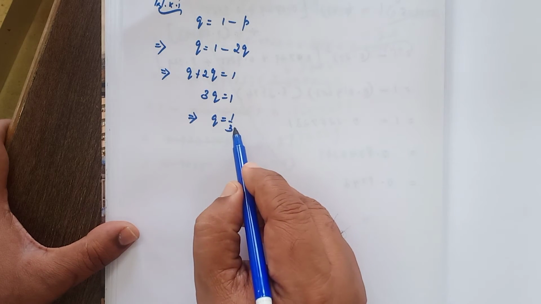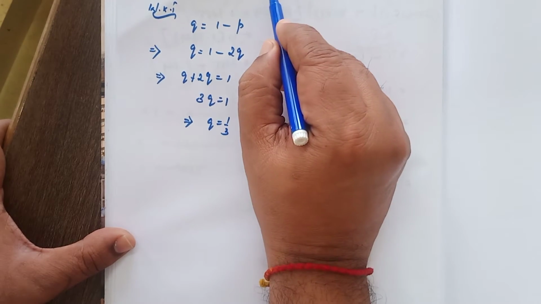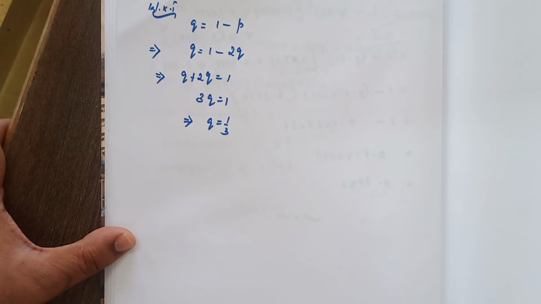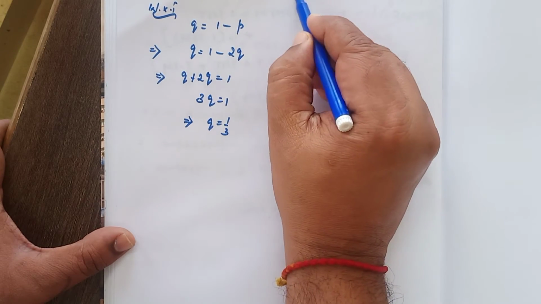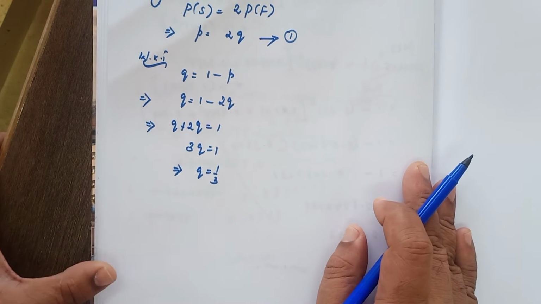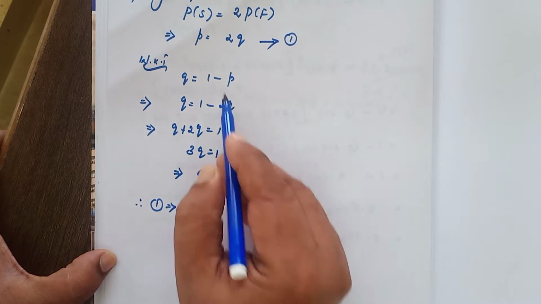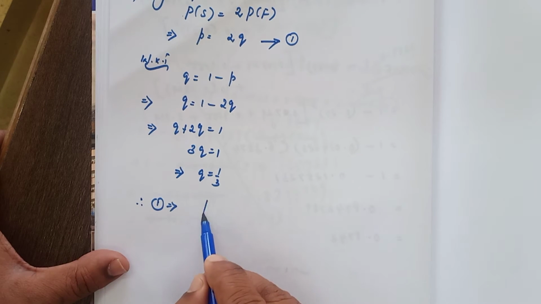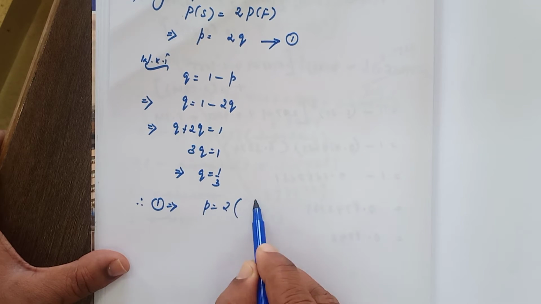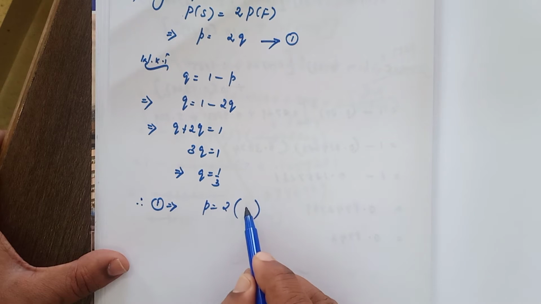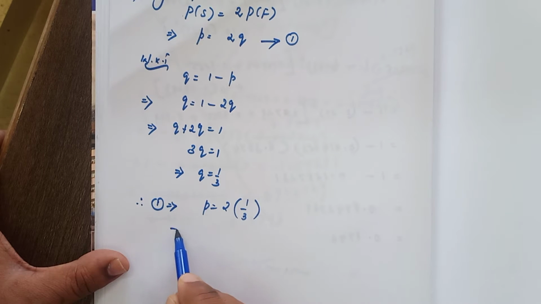Now I am going to substitute the value of q in equation number 1. Therefore, equation 1 implies p is equal to 2q, p is equal to 2 into q value, which is 1 by 3, which implies p is equal to 2 by 3.